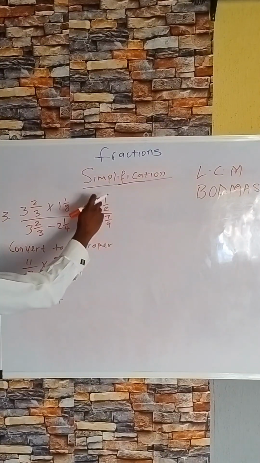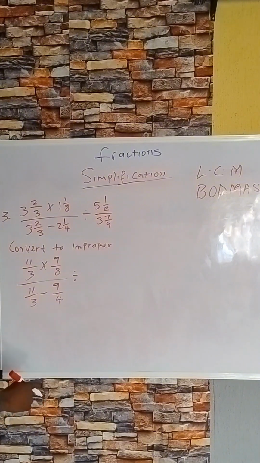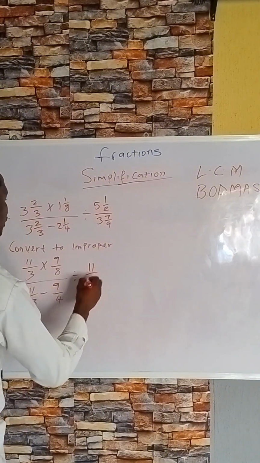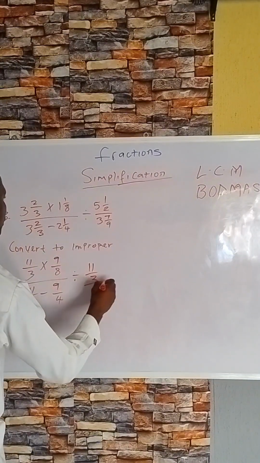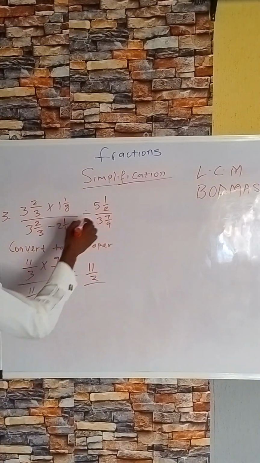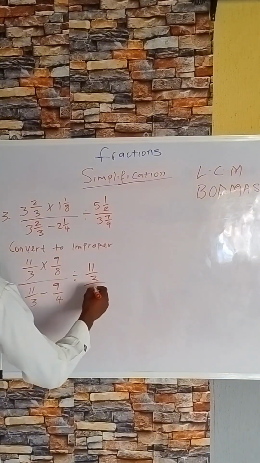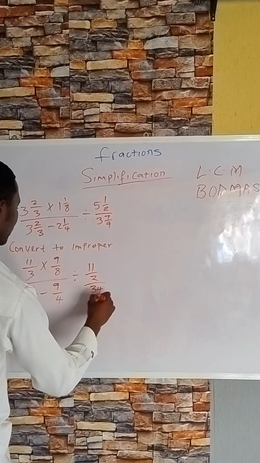Let's add the division sign and work on this. 2 times 5 is 10 plus 1 is 11 over 2. Then 9 times 3 is 27 plus this becomes 34 over 9.